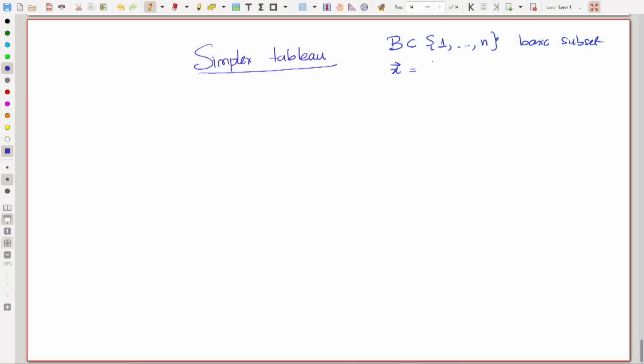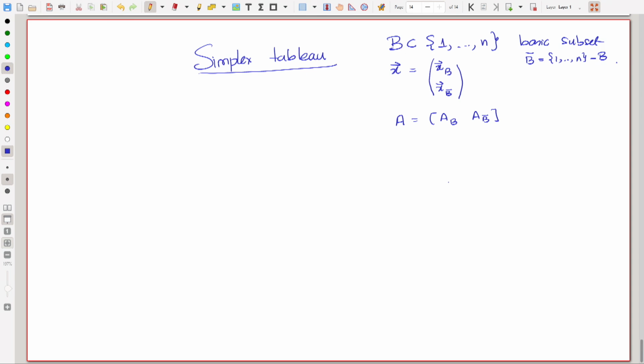We are going to write x as a block matrix with two parts, x B and x B bar, where B bar is just the complement of B. And we are also going to write A as the block matrix A B, A B bar.